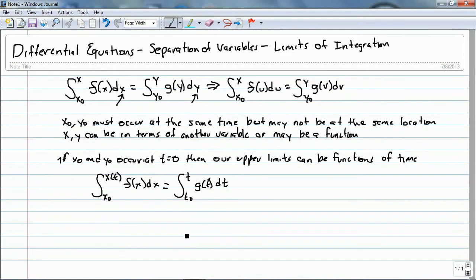And so what you notice is that when I do the integrals, on one side I'm going to have a function that I'm going to solve for, and I'm going to get some function x of t is equal, and then on the other side I'm going to have some integral in terms of t, so I'm going to get some function on this right hand side that's going to be some function of t.